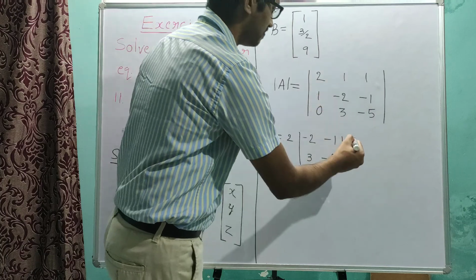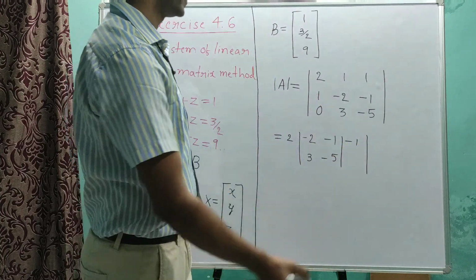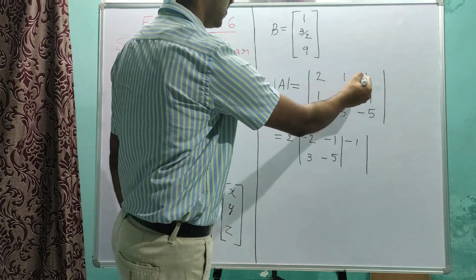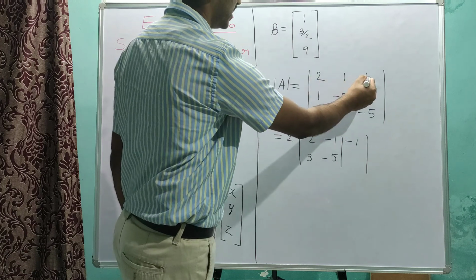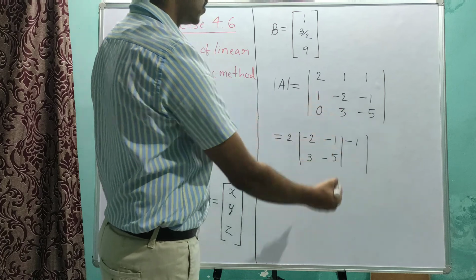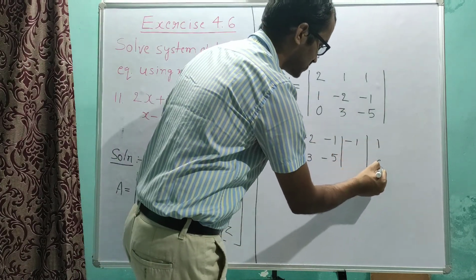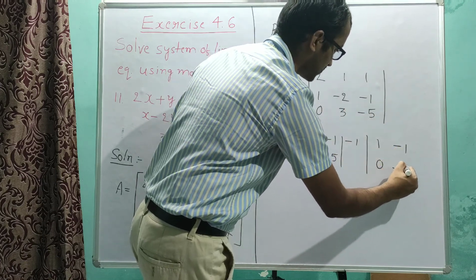Next element, minus 1 into second order determinant. Here this 1 lies in first row, second column. So delete the elements in first row as well as second column. So we get the second order determinant, that is 1, 0, minus 1, minus 5.